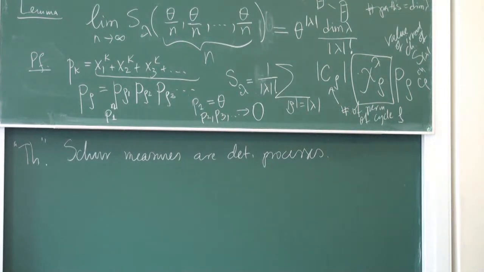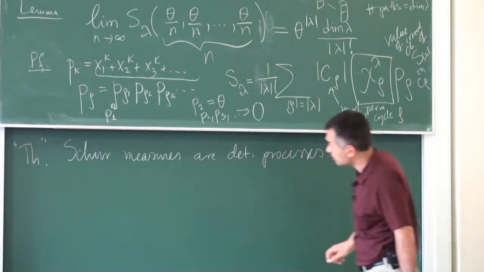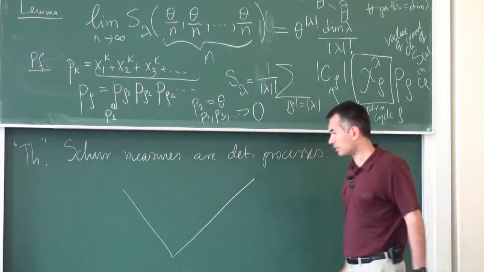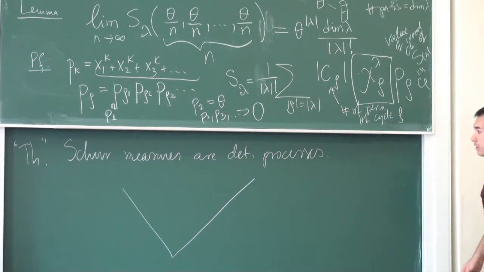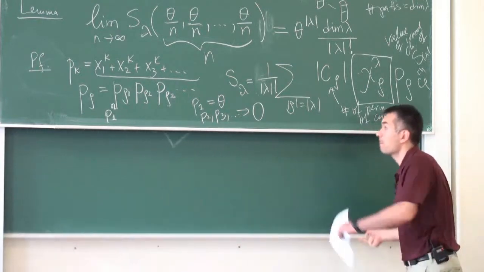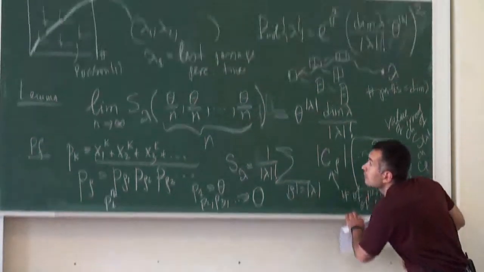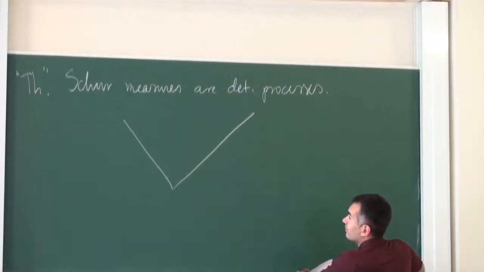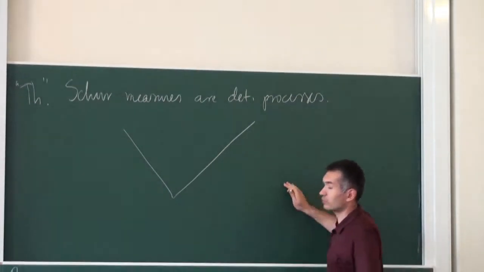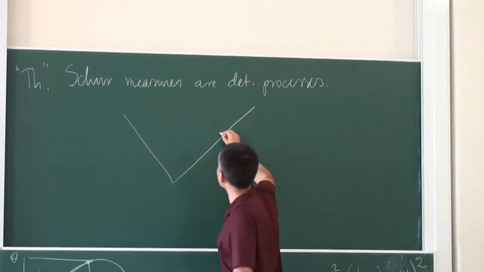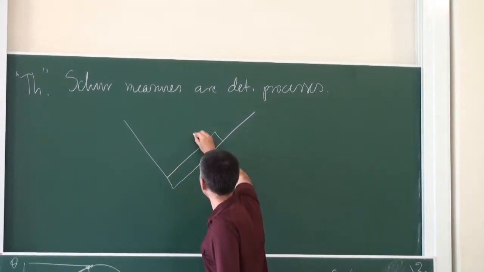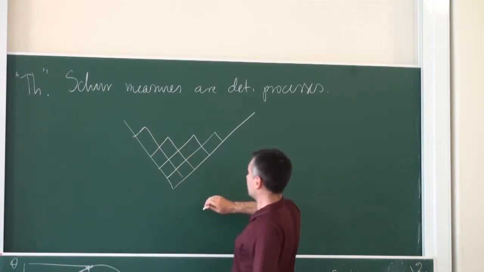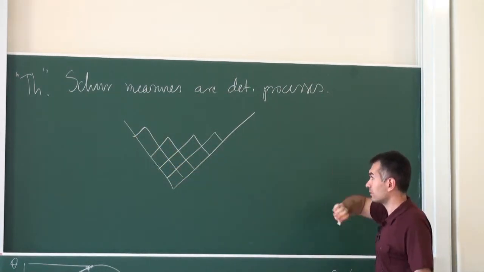How? The first thing I need to do, I need to take my partition and I need to draw it as a Young diagram, in what people almost universally now refer to as Russian notation. So I'm going to draw the Young diagram rotated by 135 degrees.